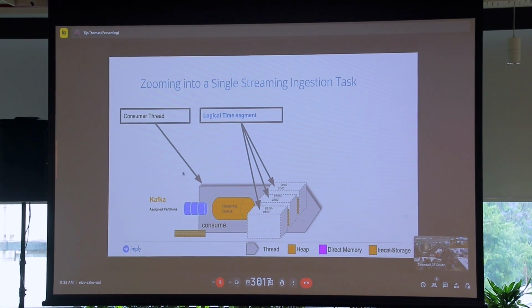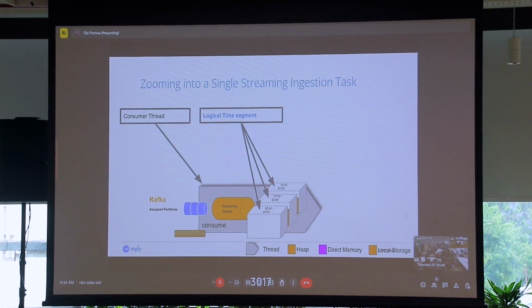Now, Kafka assigns a partition, and let's assume we have a Kafka topic with only one partition. Okay, let's come to multiple partitions later. So let's say one partition is being consumed, there is a thread which reads the data from the partition, and it keeps that in memory, right? And the data is split into multiple partitions.